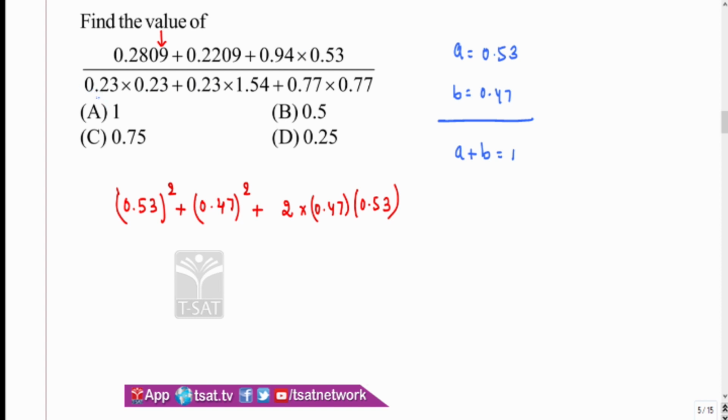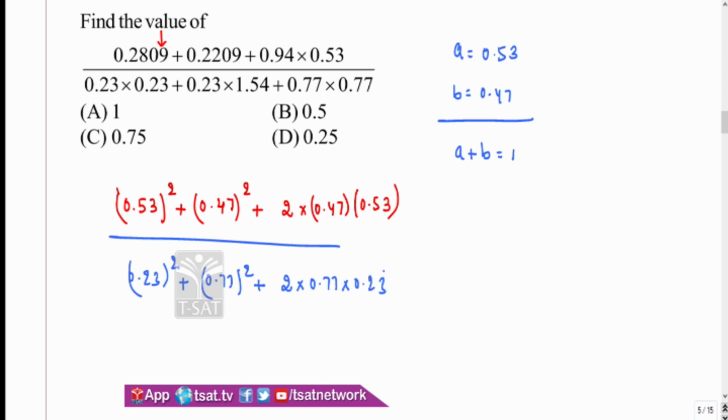In the denominator also, it is 0.23 whole square plus this 0.77 whole square, and 0.54 you can write as 2 into 0.77 into 0.23. So in the denominator also, it is like the numerator.